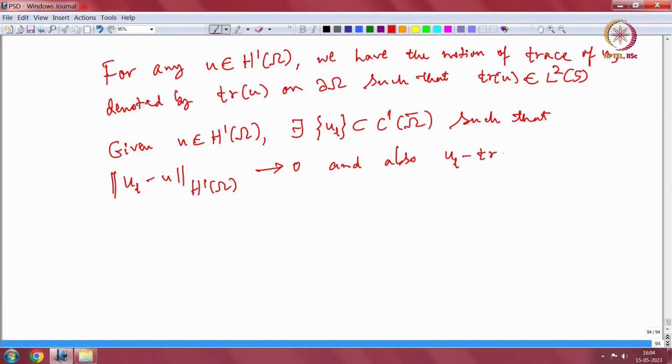So we also have that the L2 of S norm of UL minus U tends to 0 as L tends to infinity.